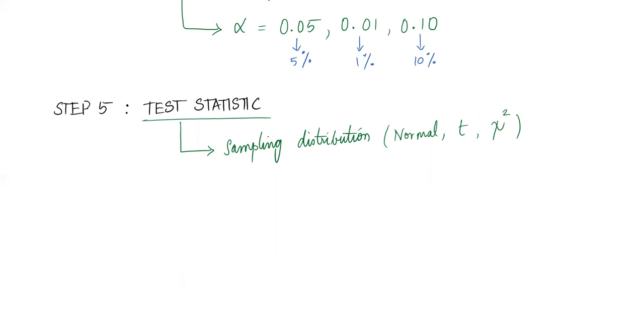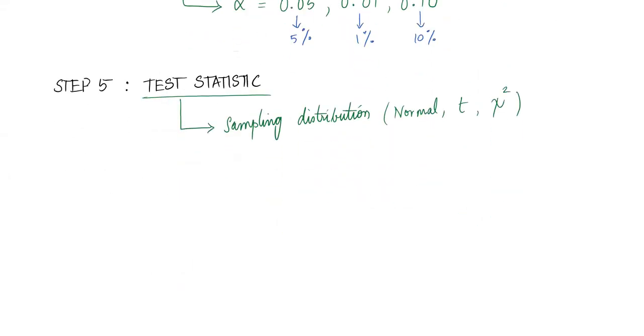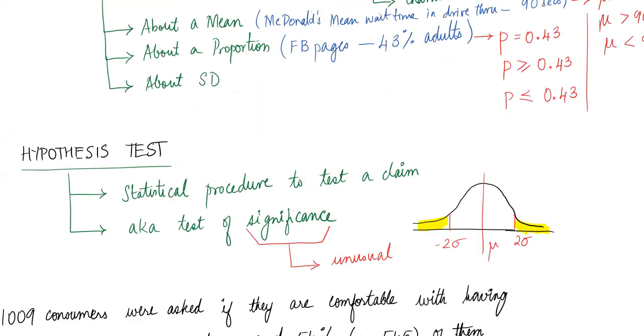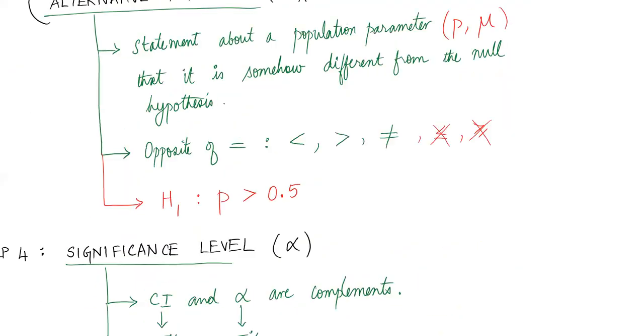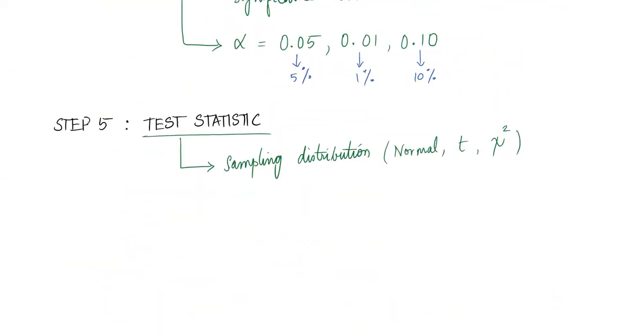So the test statistic, as far as our example is concerned, would use the P, or in this case, it would use the Z test, right? I'll say proportion.